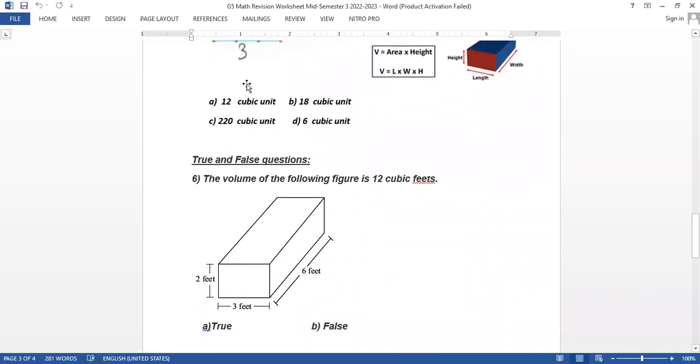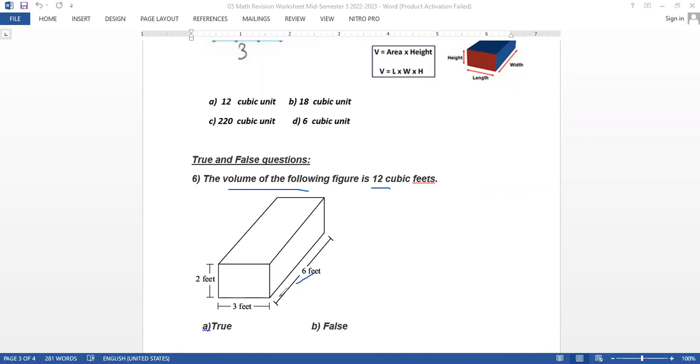Here, another question of the same type. You want the volume, but here the question is true or false. The volume of the following figure, which is a rectangular prism, is 12 cubic feet. Now we have the area of the base, which is length times width, 6 multiply 3.